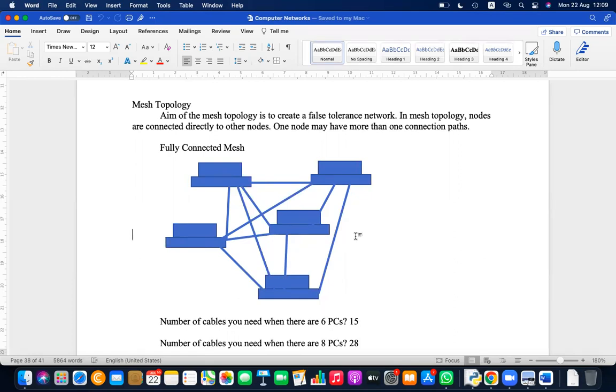All the computers are connected to each other. All the computers have dedicated lines. That is true. So what is the advantage of having such networks?